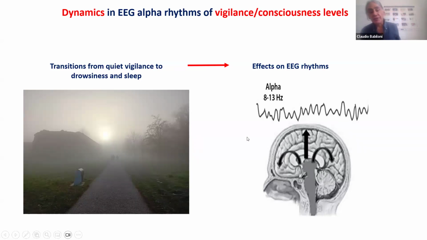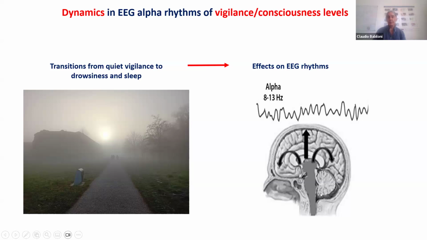So we can conclude this part of the lesson emphasizing that the alpha rhythms are related to the synchronized activity of neurons, especially in the cortical and thalamic reciprocal circuits.